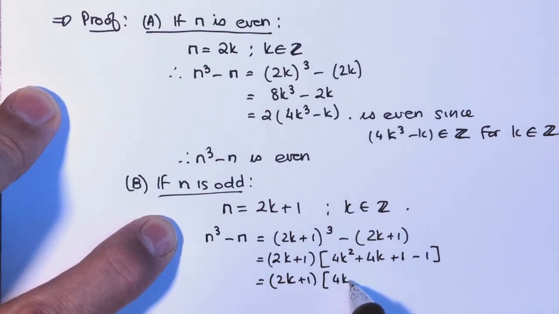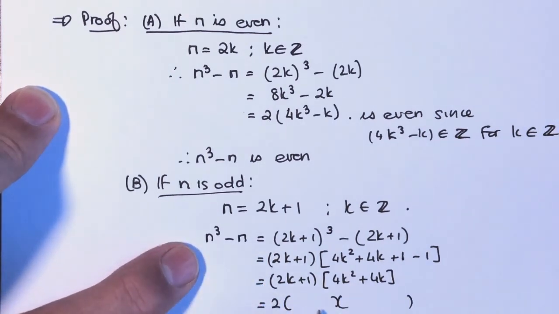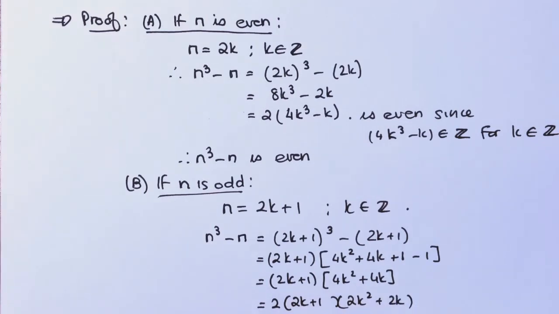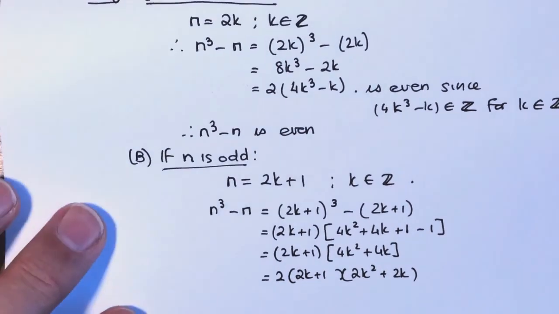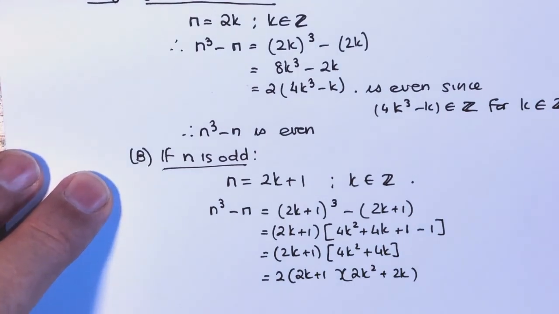From there I remove a 2. I've just written this as a multiple of 2. So 2k plus 1 and 2k squared plus 2k is what stayed behind. Now that means that this is even.